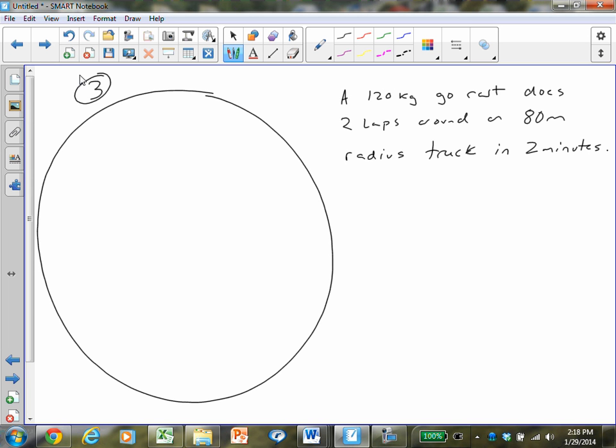What is the speed of the go-kart? What is the centripetal acceleration?